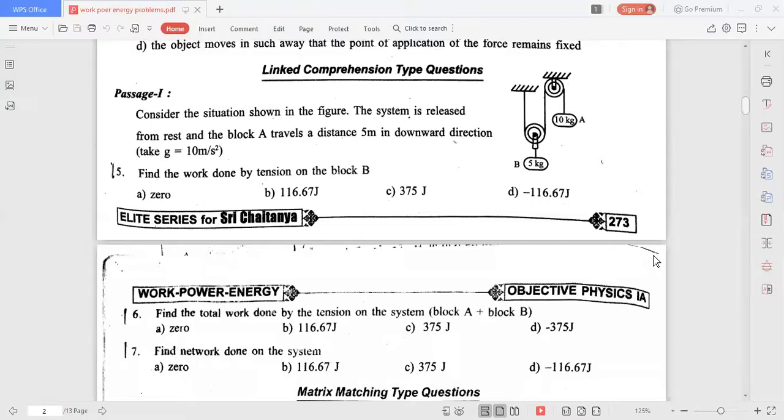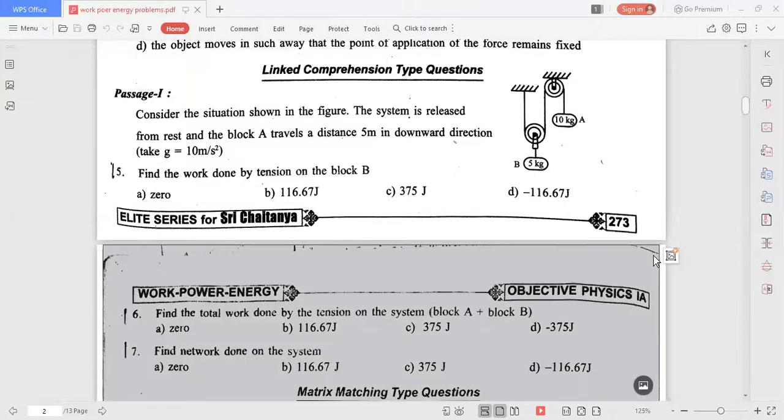All of you read the fifth problem. Okay, I think we cannot complete the fifth problem in time because it is a comprehensive type. So you see the fifth problem, today you do at your home. Okay. Next, it is homework. Fifth, no, you don't do the fifth problem. Tomorrow I will explain.